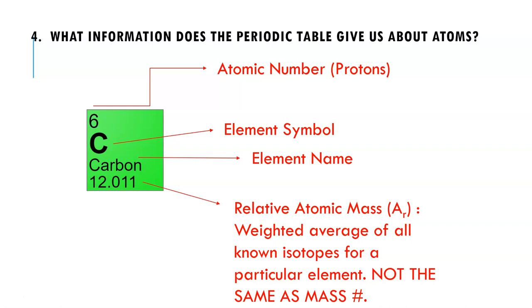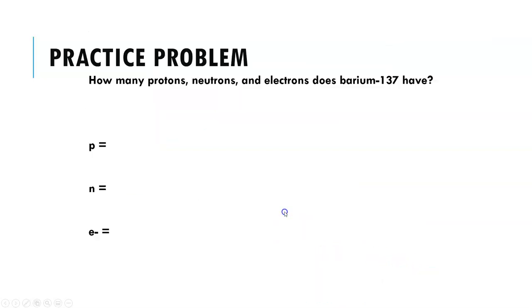We take an average of the masses of all the isotopes. That is why the mass on the periodic table is a decimal and not a whole number. Really try to internalize this. The mass on the periodic table is not the same thing as the mass number.